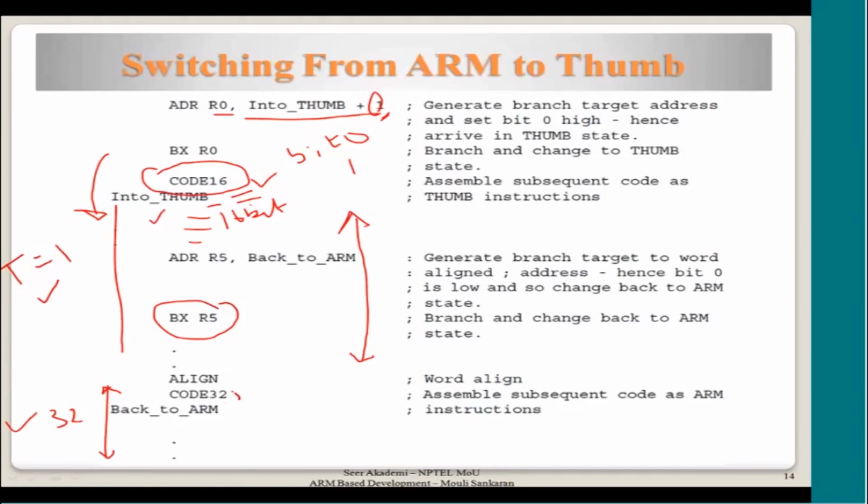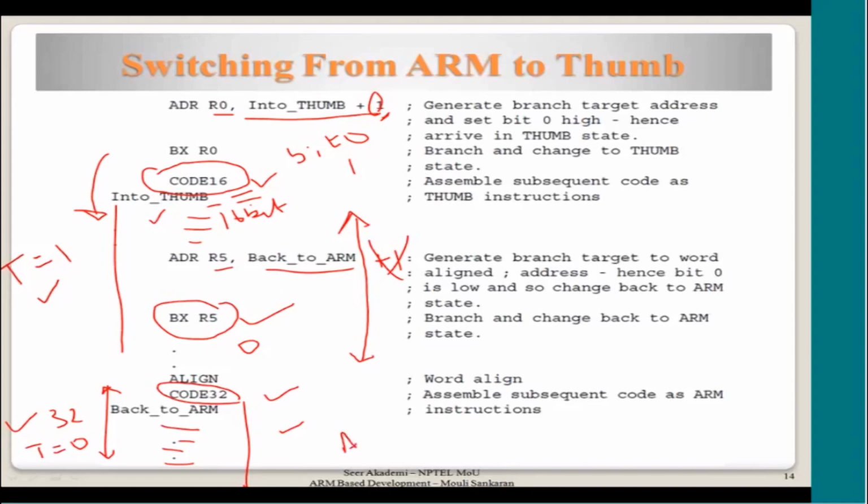Then the processor will interpret all these assembly mnemonics as 32-bit instructions, and when R5 is loaded with this address and you just say BX R5 without that +1, what happens? The bit 0 would have been 0, so the thumb state bit would have been cleared again. Now it will go back to ARM state.